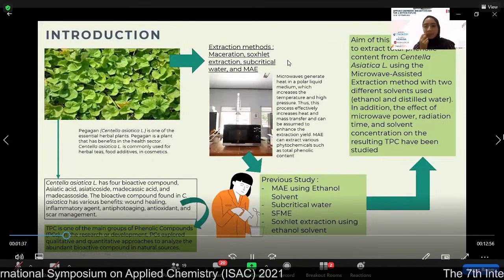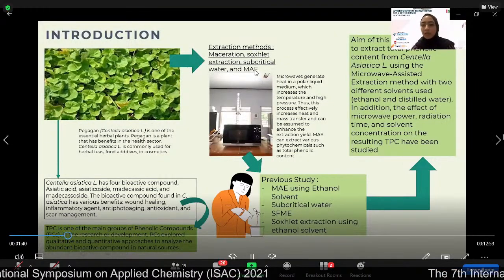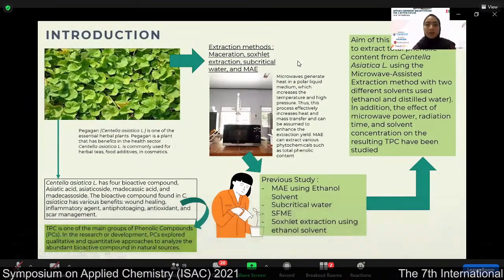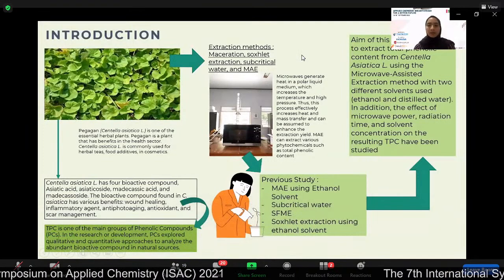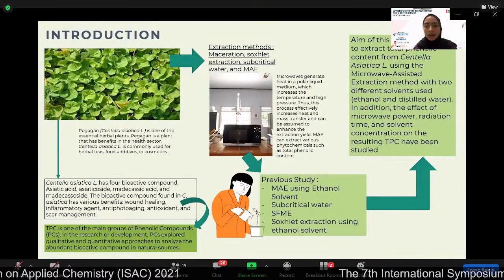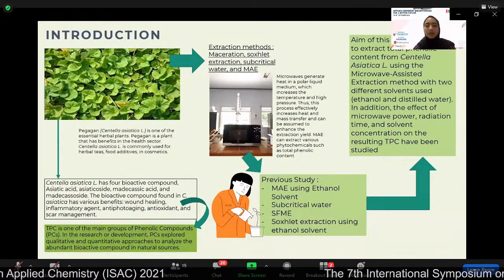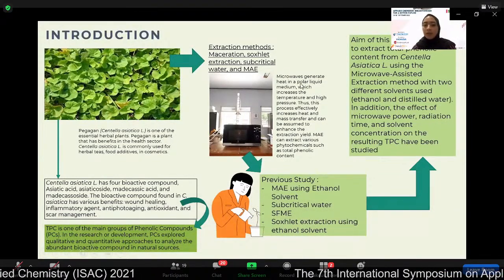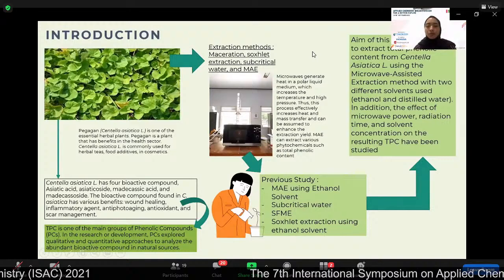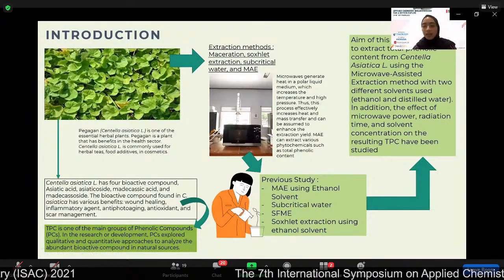But in this study, we focus on microwave assisted extraction because of the framework of green chemistry, and microwave assisted extraction has several benefits, such as a short extraction time, and the heat and mass transfer can enhance the extraction yields. Microwave generates heat in a polar liquid medium, which increases the temperature and pressure. So it can enhance the extraction yield.